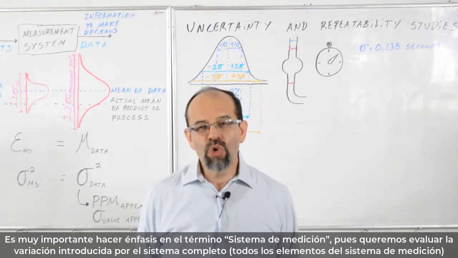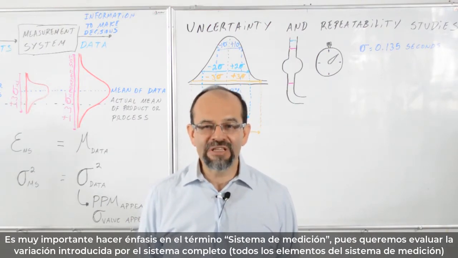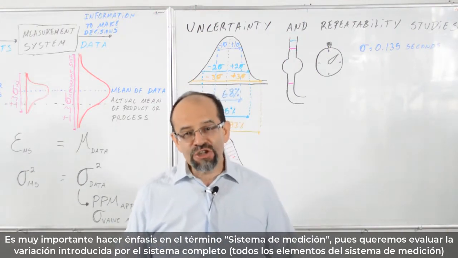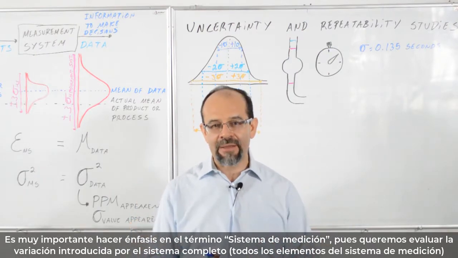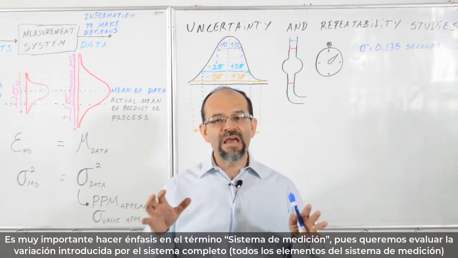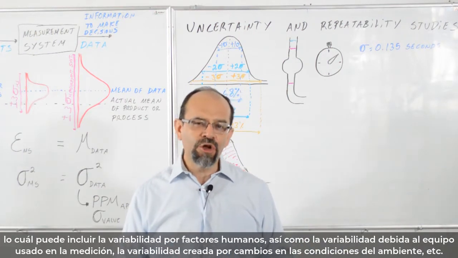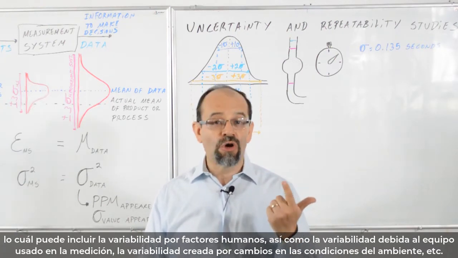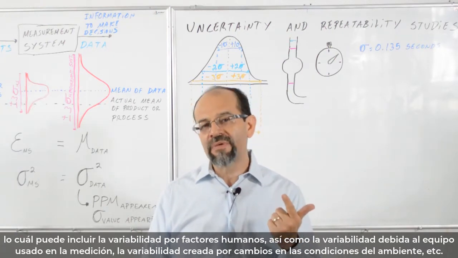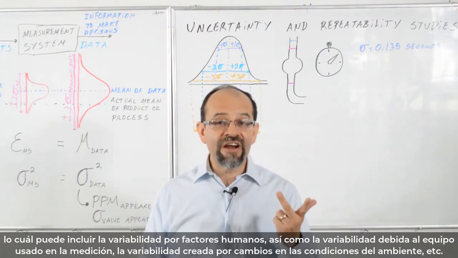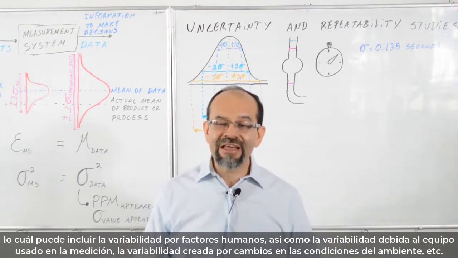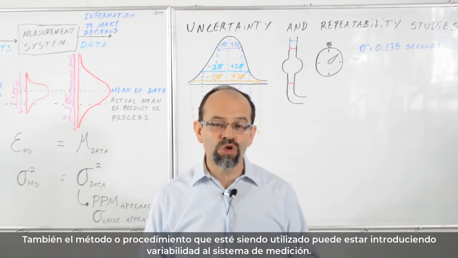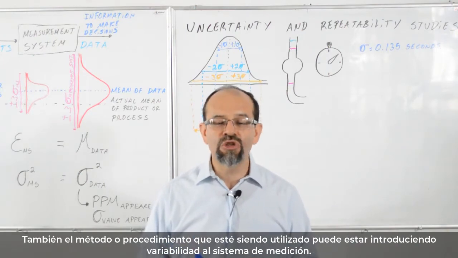It's very important to highlight the term measurement system because we want to evaluate the variation introduced by the whole system, by all the elements of the measurement system, which can include the variability due to human factors, but also variability because of the measurement equipment, the equipment that you are using to measure, also variability because of changing environmental conditions, etc. The method, the procedure that is being used, can also introduce variation to the measurement system.